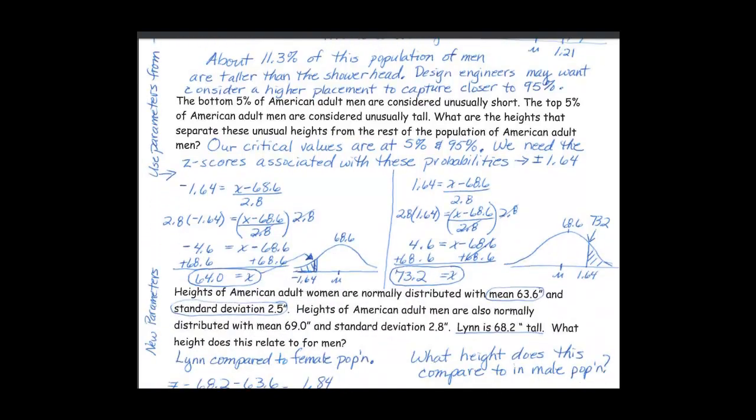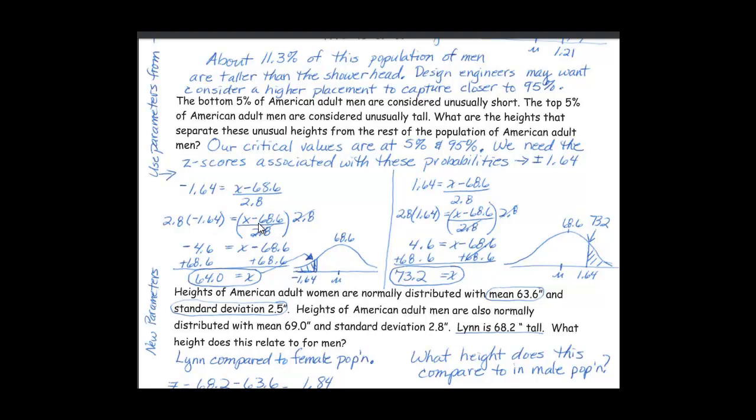Continuing on with this problem, it's still a little bit weird, but we're working backwards. We've got our z-score, and we're going to plug that into the formula. You can see I've plugged that in, but I'm working backwards to find my data value, my x variable. I think we've done this before, where we need to multiply both sides of the equation by this denominator.